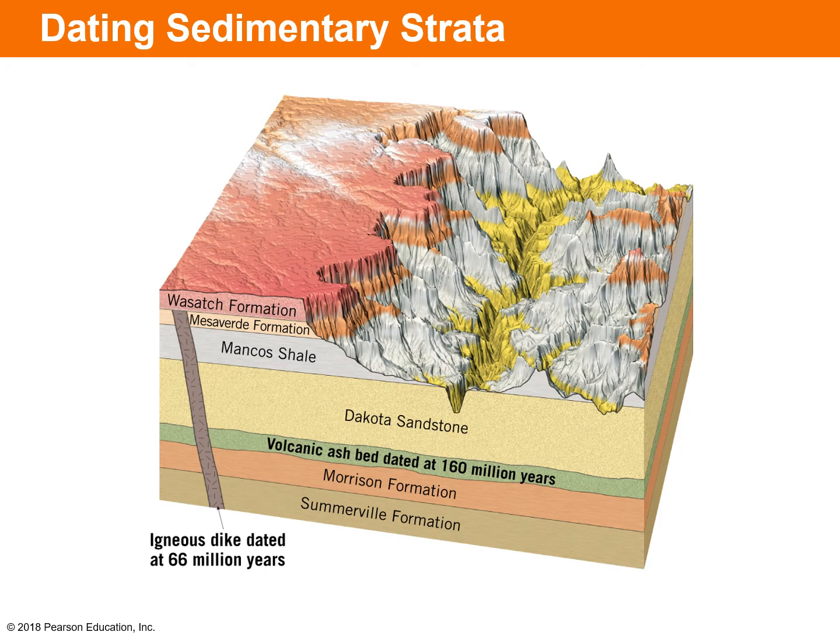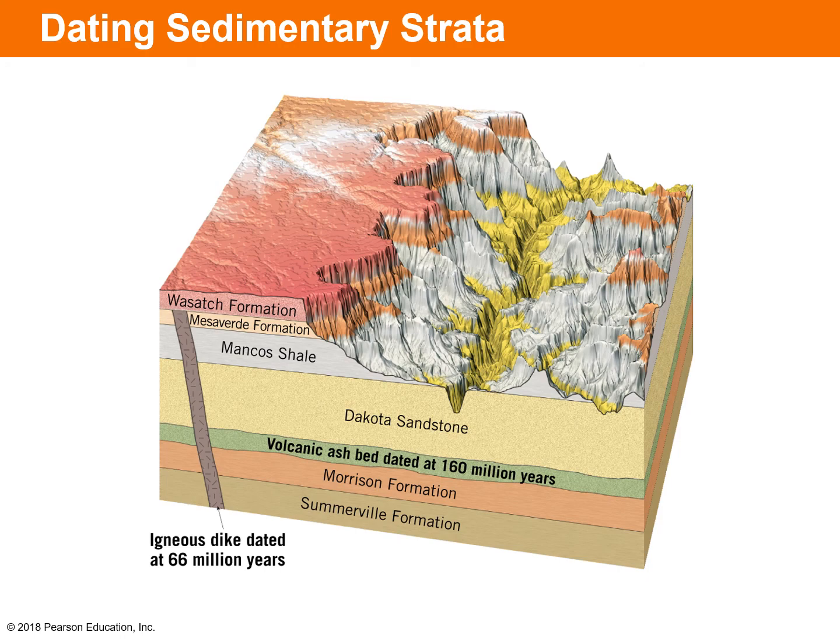So if you date the volcanic ash at 160 million years old and the igneous dike at 66 million years old, then you can determine that the Somerville Formation and the Morrison Formation are older than 160 million years, and the Dakota Sandstone, the Mancos Shale, the Mesa Verde Formation, and the Wasatch Formation are all younger than 160 million years old.